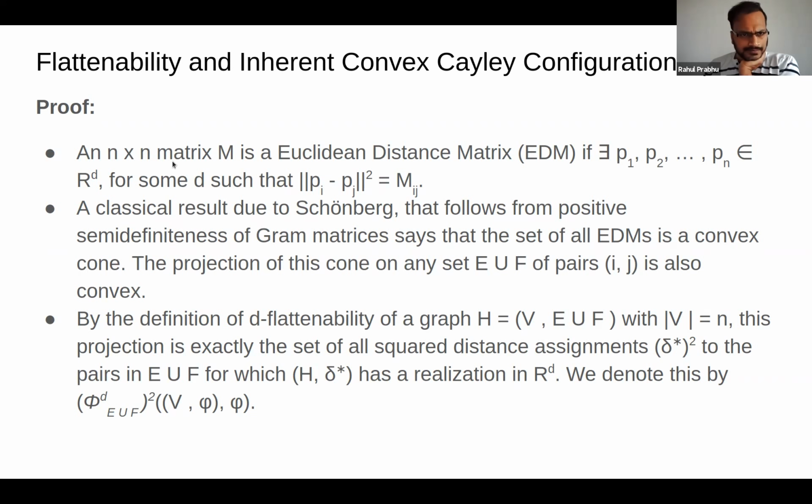So start with this idea of a Euclidean distance matrix. A classical result in one of Schoenberg's papers, which follows from the positive semi-definiteness of Gram matrices, says that the set of all Euclidean distance matrices is a convex cone.